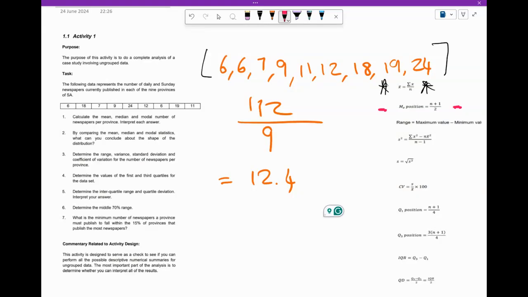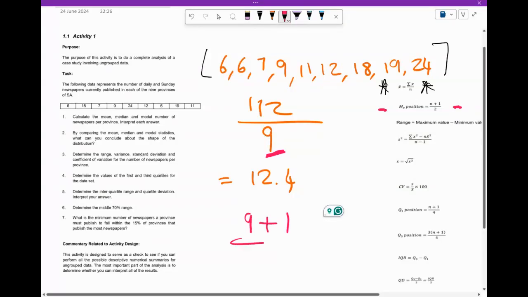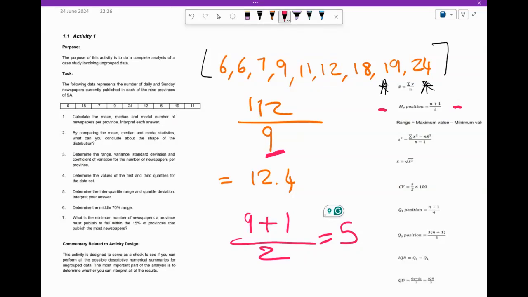So we know that we have 9 variables, isn't it? So then we simply say 9 plus 1, divided by 2, which gives us 5. Is that our answer? Are we done? We're done. So our median is 5.